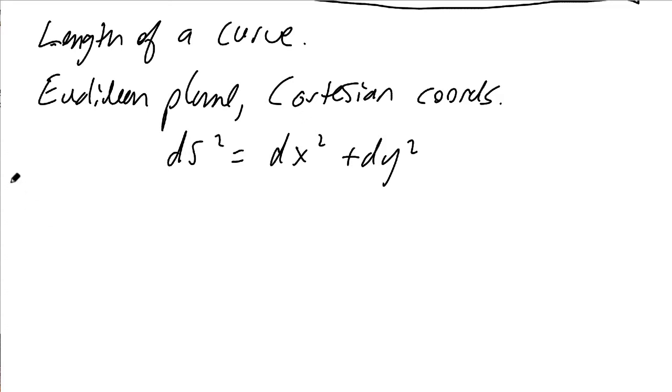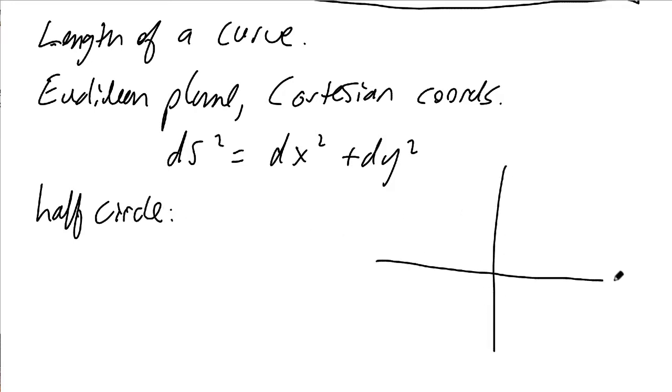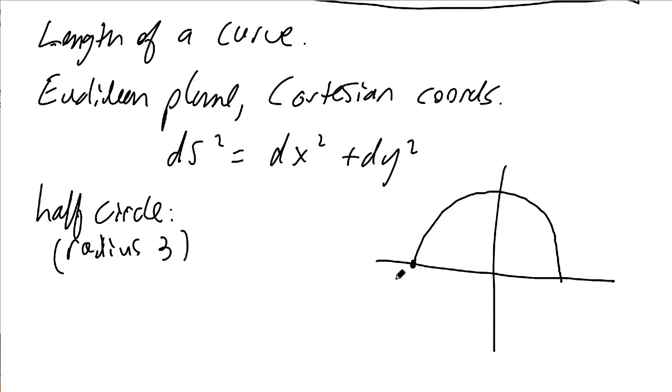And let's consider the half circle. So we'll take a half circle of radius, say, 3. So the circle begins here at x equals minus 3 and ends at x equals plus 3.